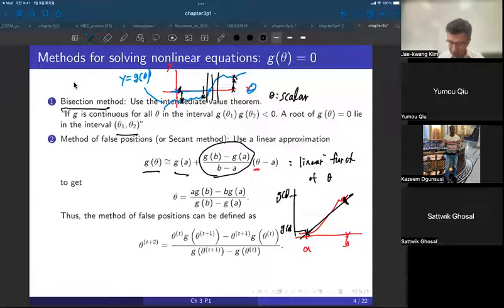So G(B) minus G(A) divided by B minus A. That is the slope here.